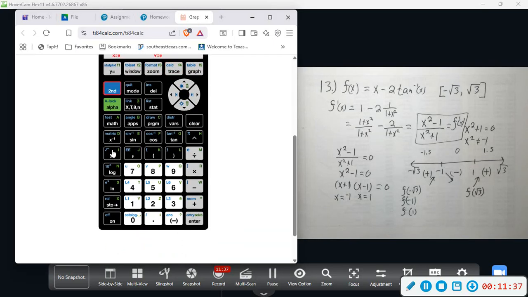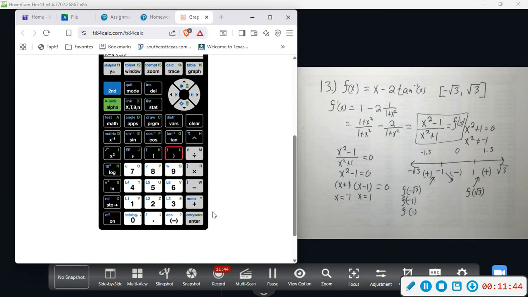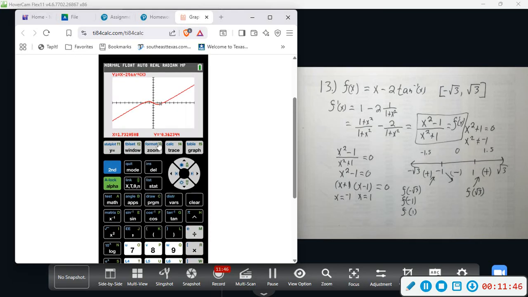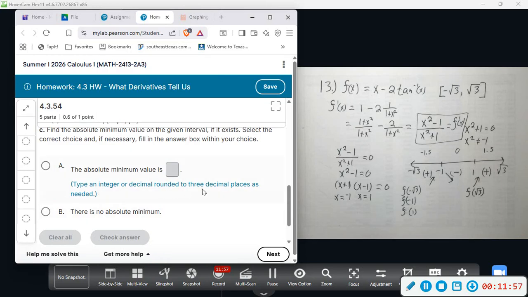I'm going to do second square root 3. That gives us a negative, I guess. I don't know if they're going to want the exact value or not. They're probably going to want the exact value. Let me look. Integer decimal rounded to 3 places.